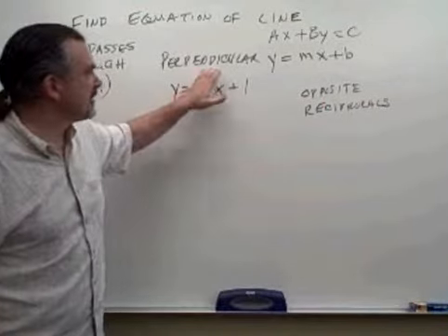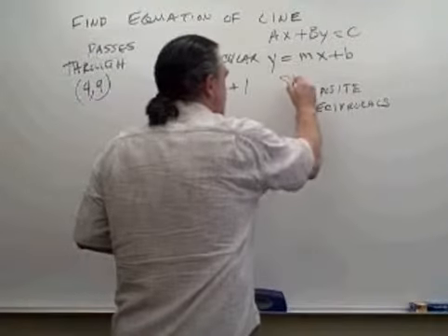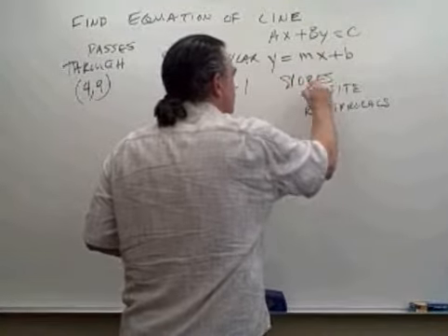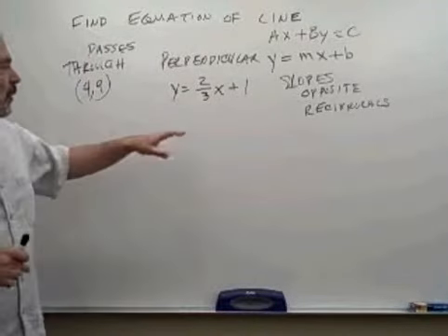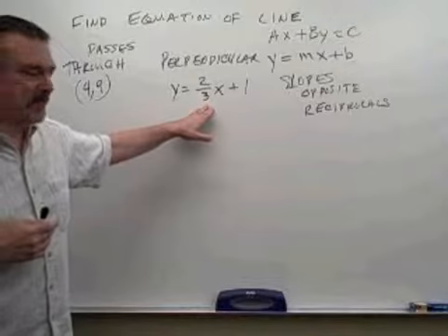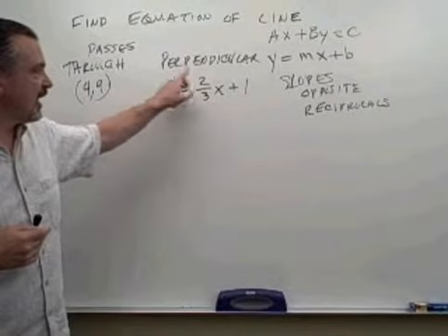When you have perpendicular lines, their slopes are opposite reciprocals.